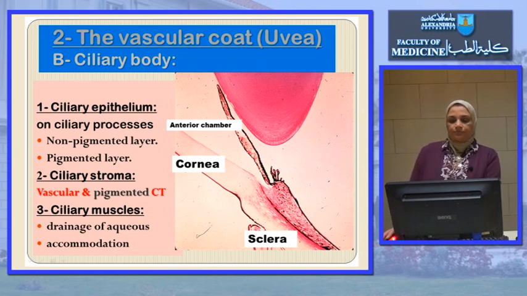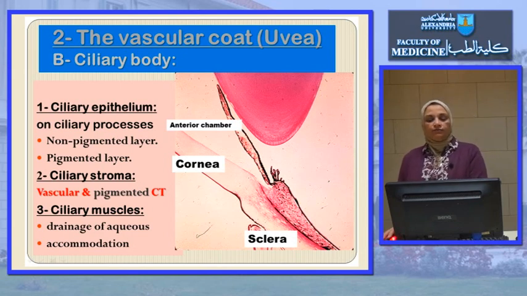But the three main components again: ciliary epithelium, non-pigmented, which is the inner layer, and pigmented, which is the outer layer. Then they are resting on ciliary stroma, which is vascular and pigmented, and we can find ciliary muscle, which is important for drainage of the aqueous and for accommodation to near and far vision.